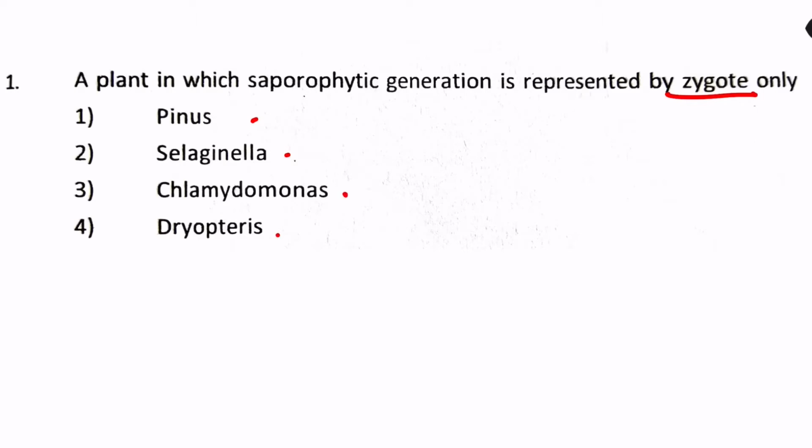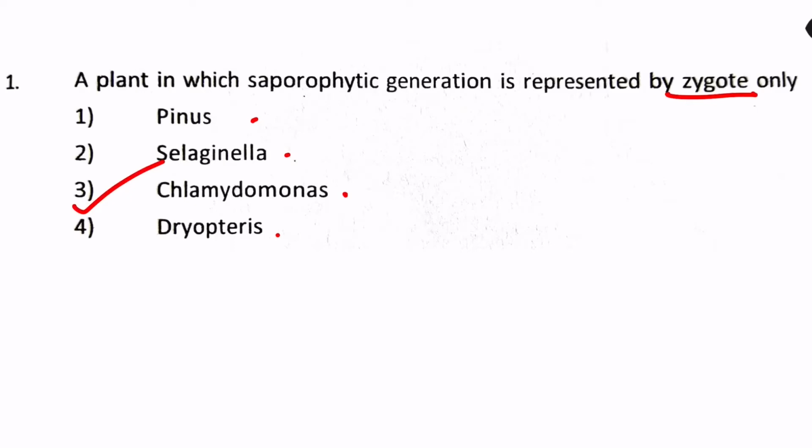Now we know that both gymnosperms and Pteridophytes have a long and very big sporophytic generation, and the zygote is not the only stage in sporophytic generation.